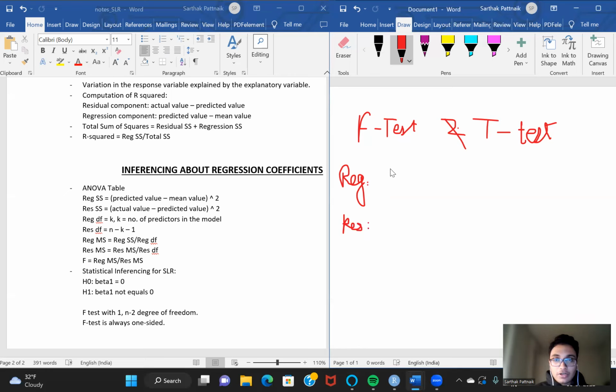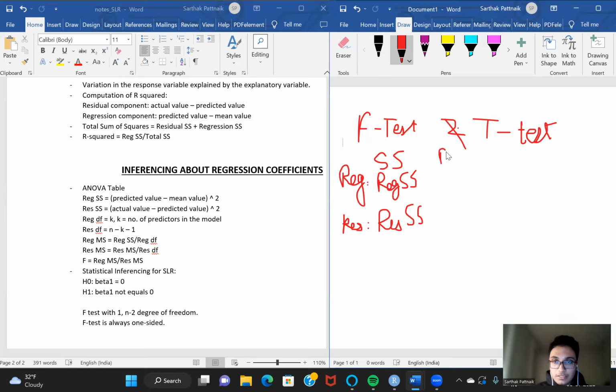Now we know how to calculate the regression sum of squares. So sum of squares value will be reg SS. Residual sum of squares is going to be res SS. We already know how to calculate that.